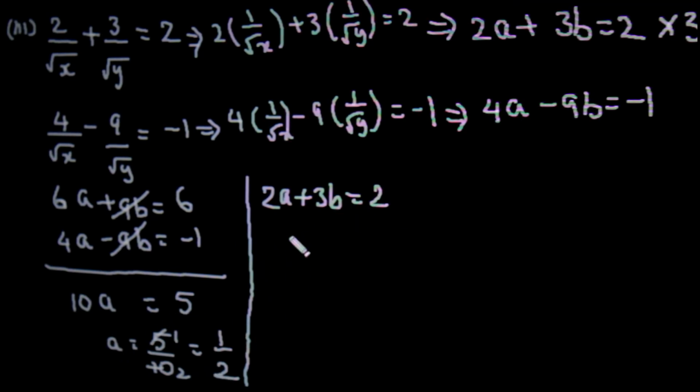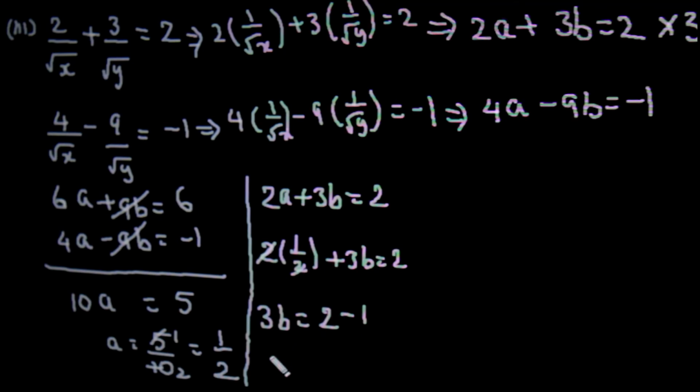What is a? 1 by 2. 2 into 1 by 2, a is 1 by 2, plus 3b is equal to 2. 2 gets cancelled. 3b is equal to 2 minus 1. Then 3b is equal to 1, b is equal to 1 by 3.